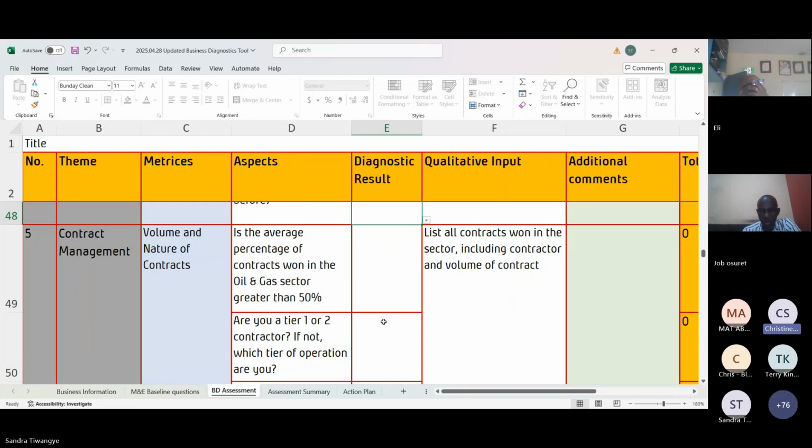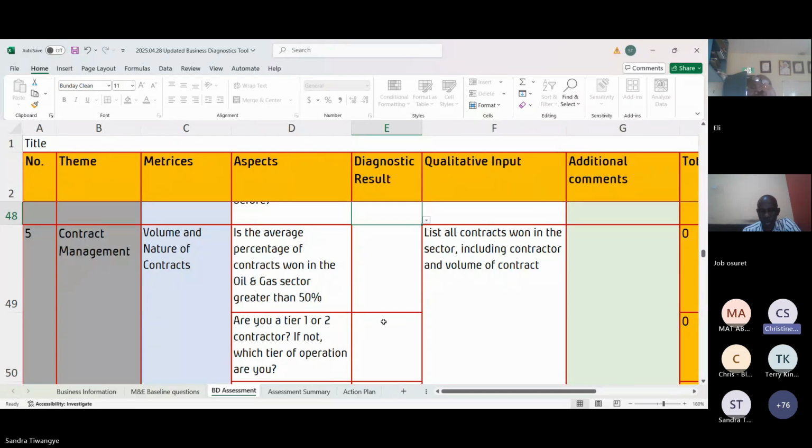We have David. It would be good if oil and gas companies that we have bidded for perhaps give us feedback as to why we don't win. Yes, David, this should be a standard in the sector.